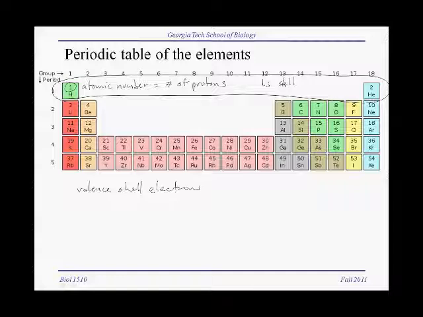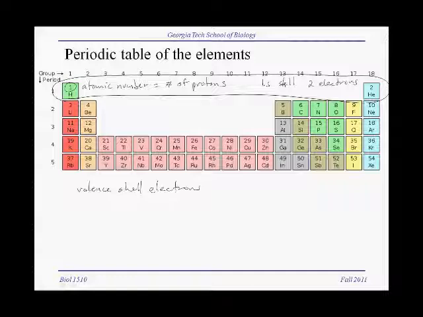So the capacity in that first shell is only 2 electrons. When you get to an atomic number of 3 with lithium, the innermost shell of electrons is filled, and then the third electron occupies a higher level, or the second energy level of electrons.